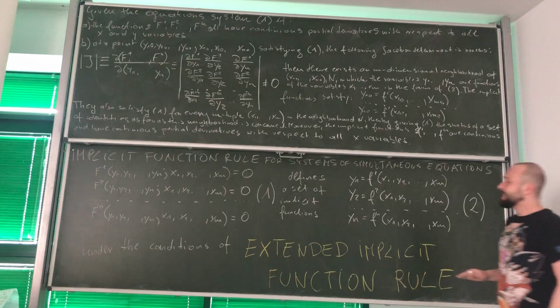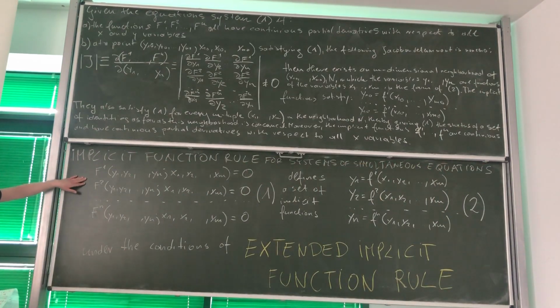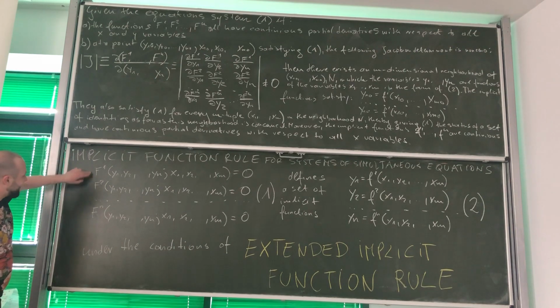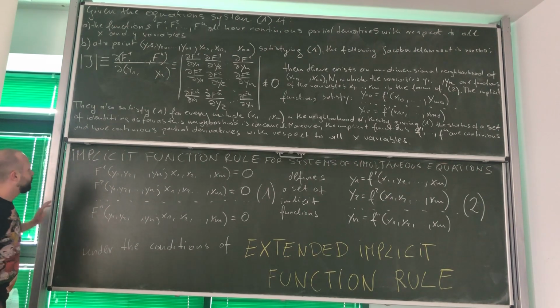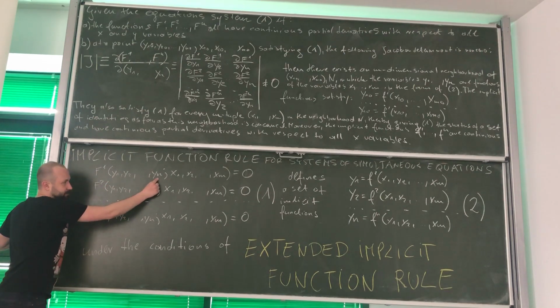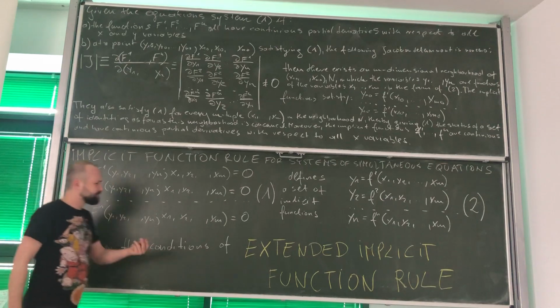Okay, so let's look at our set. So we've got n different functions, right, with n different endogenous variables.